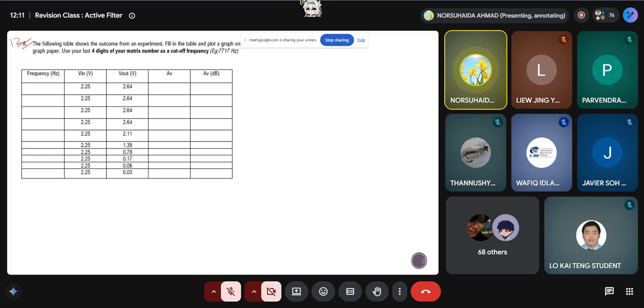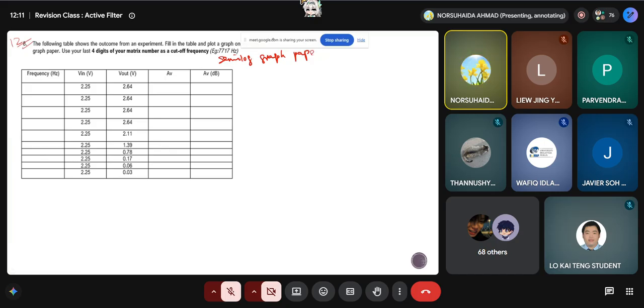Fill in the table and plot a graph on graph paper. For this one, we are using the semi-log graph paper. Please enhance your skill in how to draw the graph.